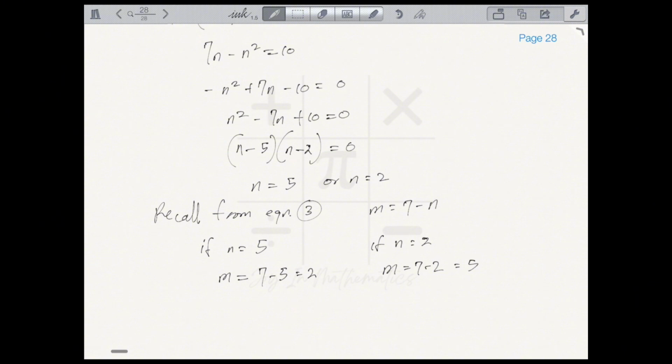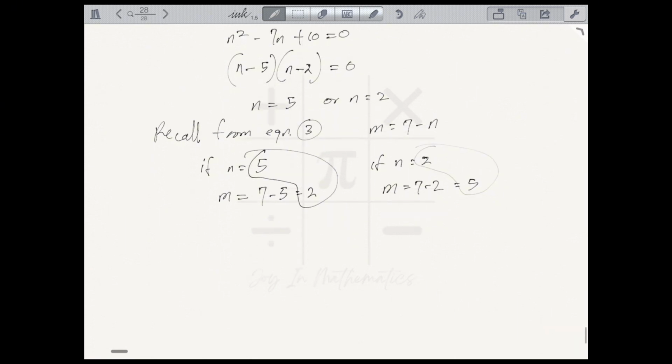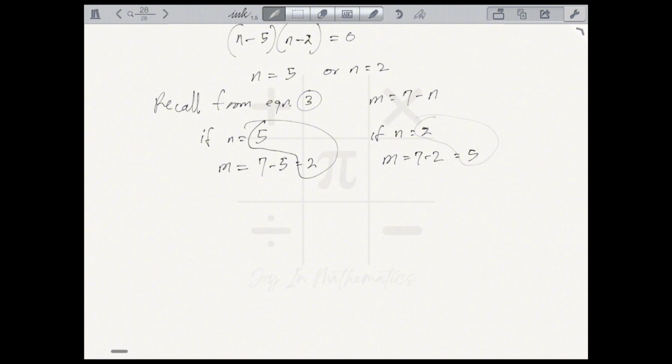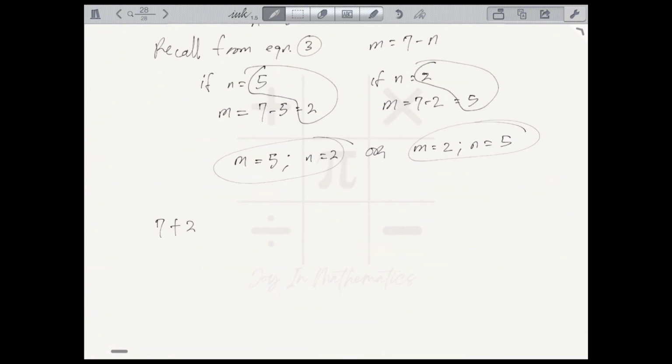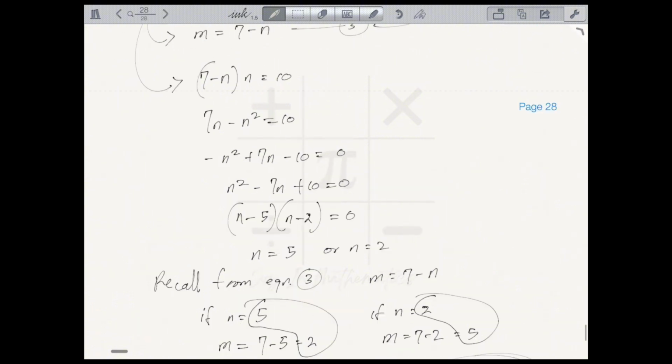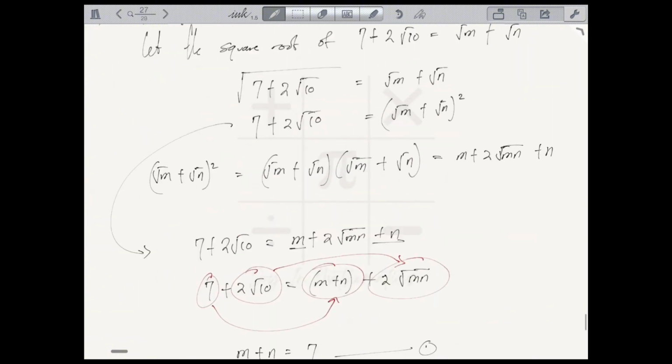Now we are seeing some correlation here. We have 5 and 2, and at the same time we also have 2 and 5. So therefore we can pick one and say m is equal to 5, n is equal to 2, or m is equal to 2, n is equal to 5. That means the square root of 7 plus 2 root 10 is equal to root m plus root n from the beginning of our expression.